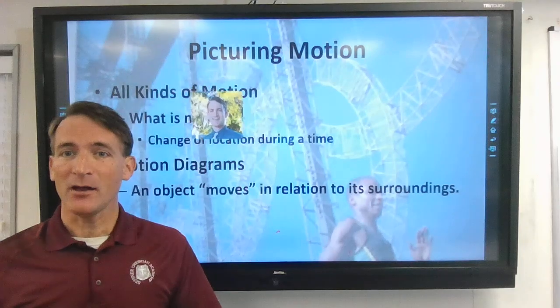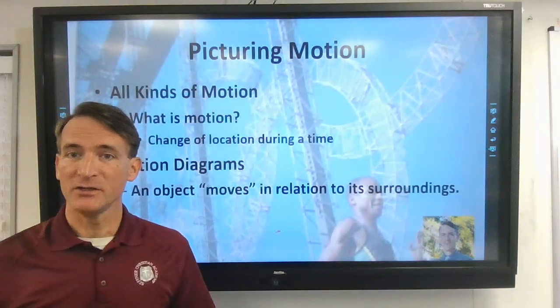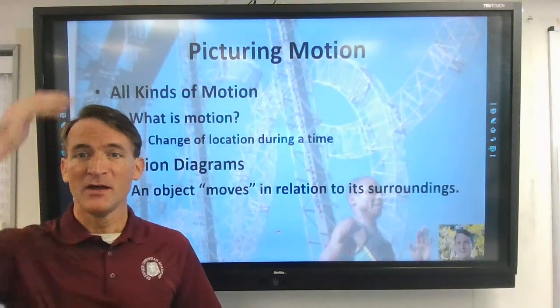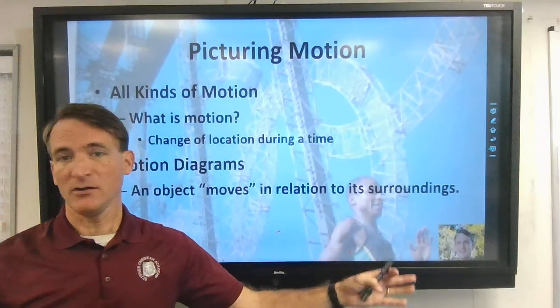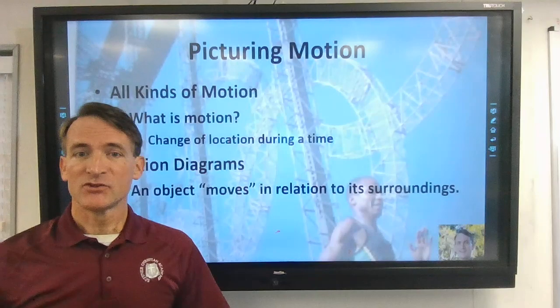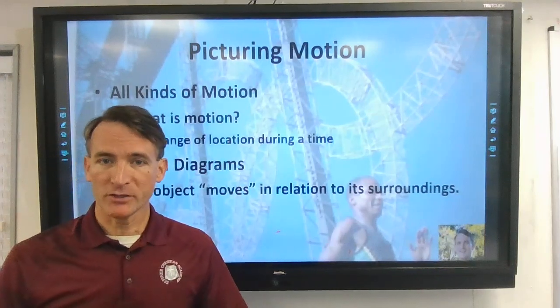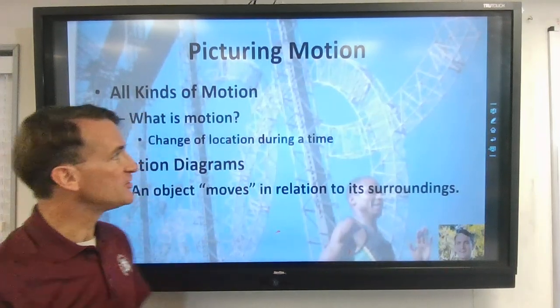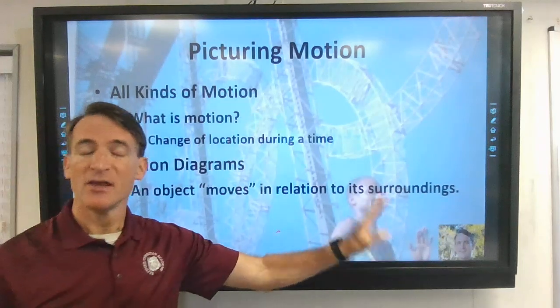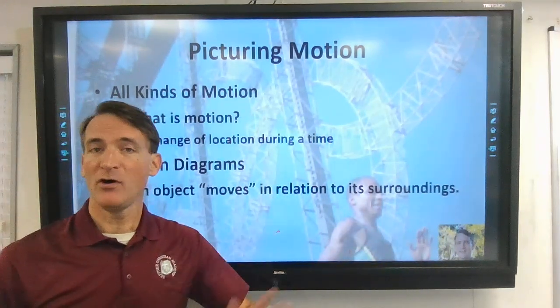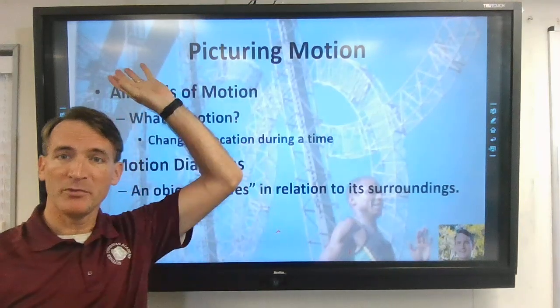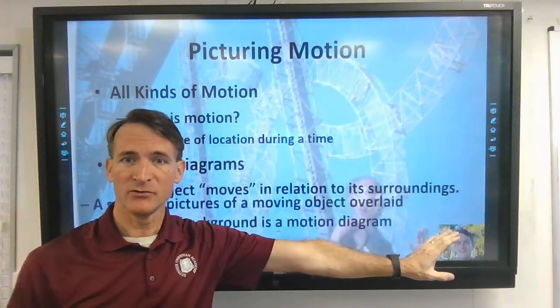For instance, now it is in motion. It moved from the top left of your screen to the bottom right of your screen. So that means there was motion, there was movement, because it changed locations based on its surroundings during a time interval of a couple of seconds. It moved from up here down to the corner.